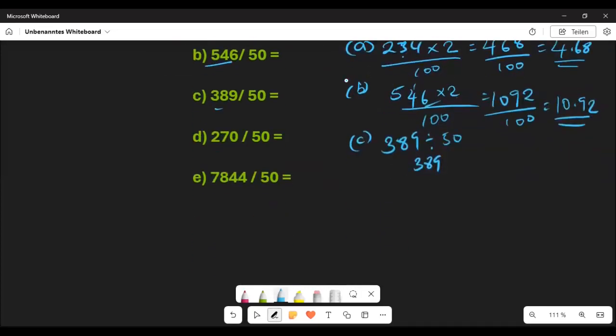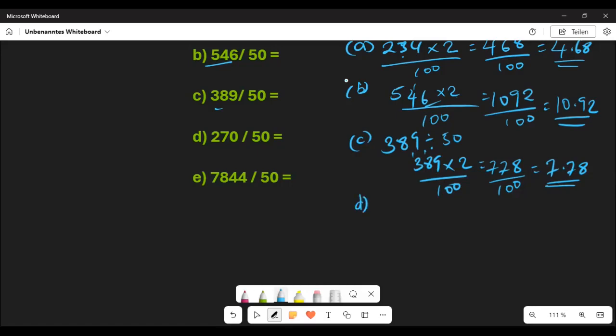We multiply that number by 2 and then divide by 100. 9 multiplied by 2 gives 18, carry 1. 8 multiplied by 2 gives 16, plus 1 is 17, so we carry 1. Then 2 multiplied by 3 is 6, plus 1 is 7. So we have 778, and dividing by 100, we get 7.78. That's our answer.